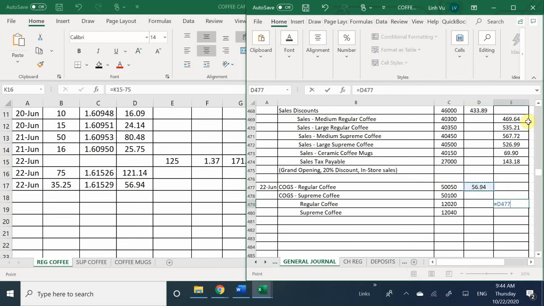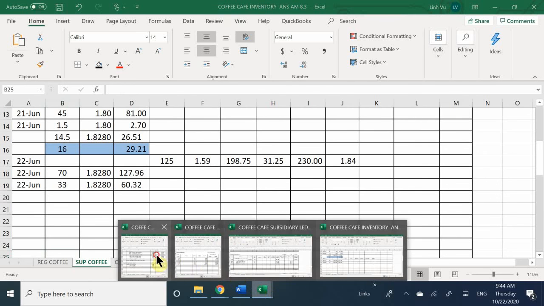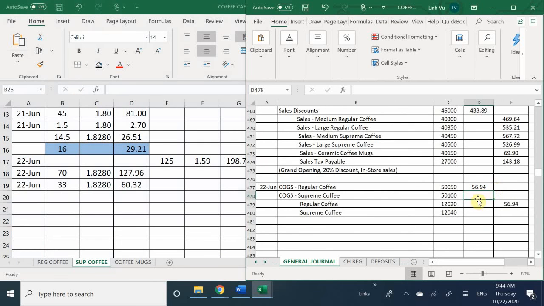And supreme coffee is 60.32. Credit, same amount, 60.32.